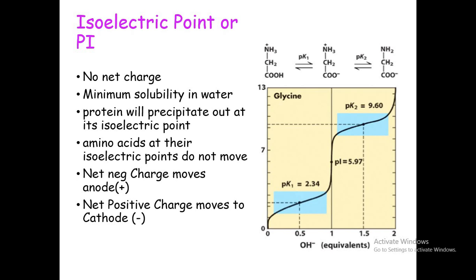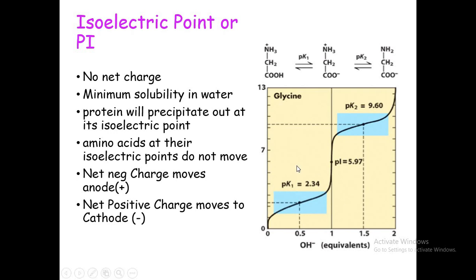How can we isolate protein on the basis of this charge? By understanding this titration curve. We are provided with a solution of protein, which has different amino acids in it, and we wish to isolate the protein. So how would we isolate it?